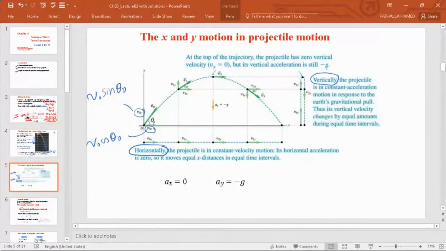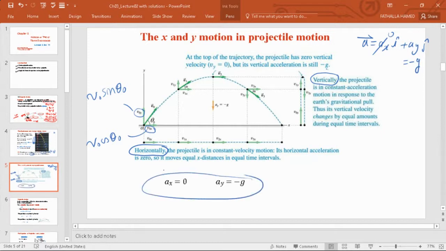Now, as I explained to you in the previous slides, when you look at your acceleration, you can take it as ax i hat plus ay j hat. And I told you the ax is 0, but the ay is equal to minus g. And that's what we have here.